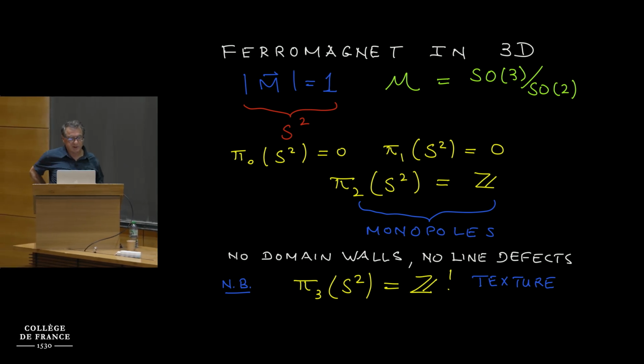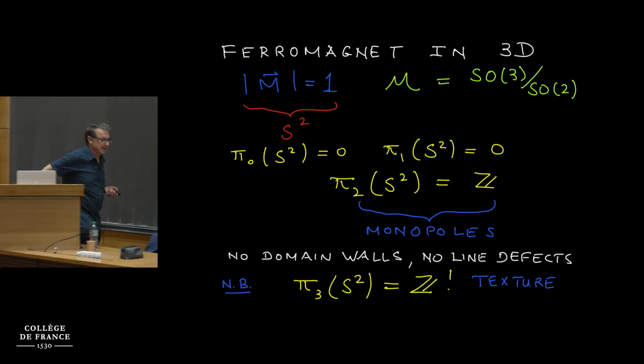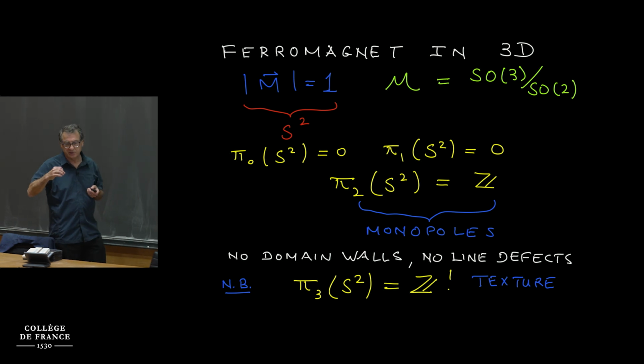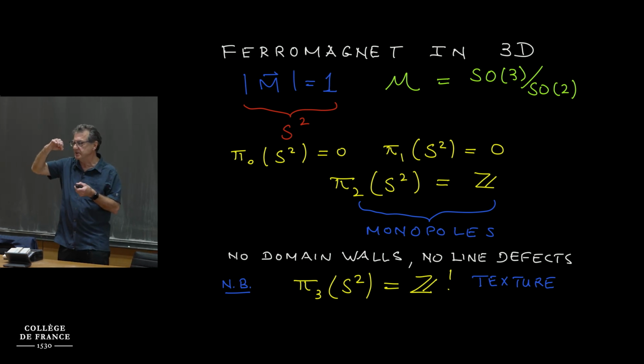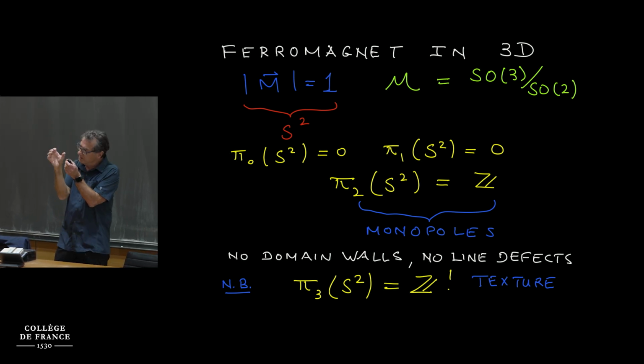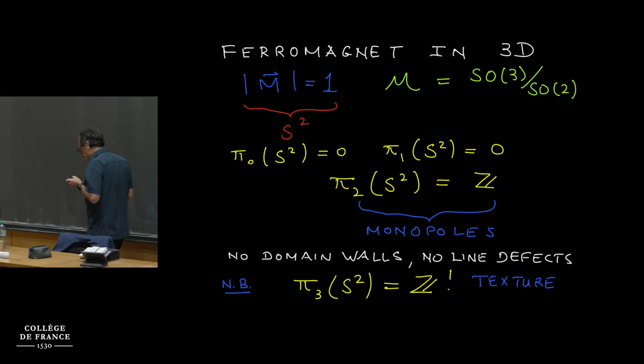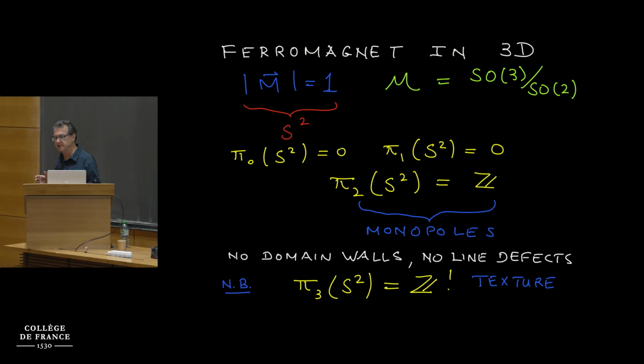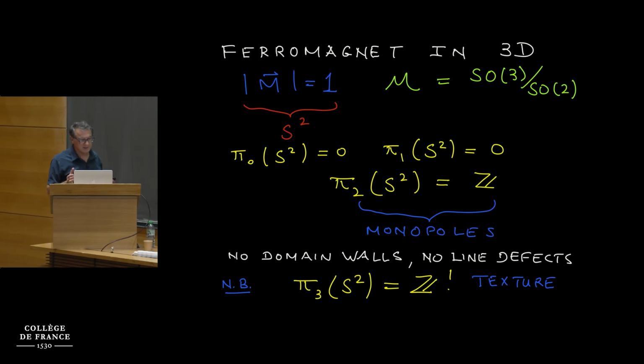You can go from one point to any other point. It's simply connected. You cannot lasso a basketball. If you take a loop on the 2-sphere, you can just pull it around nicely on itself, shrink it down always continuously to 0. So now you go to the pretty basic ordered phase of magnetic systems, and there's no line defect.